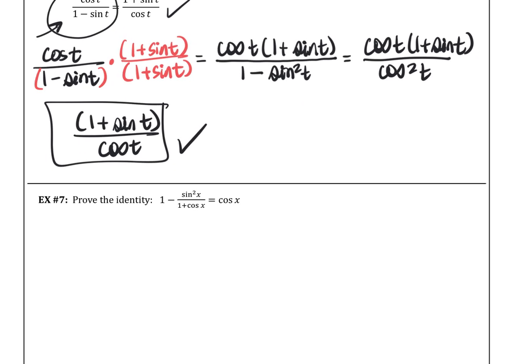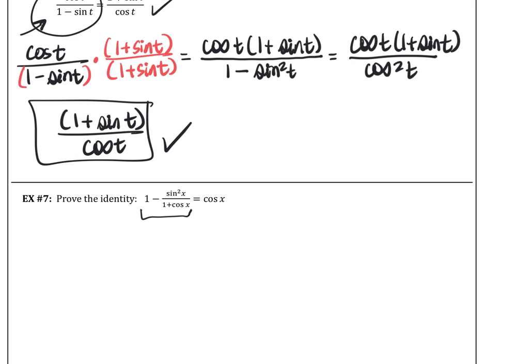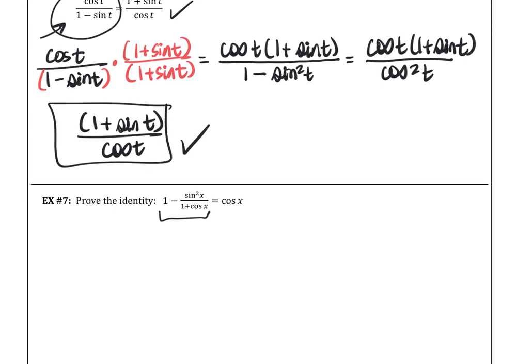All right, so let's look at example 7. I'm thinking this side is more complicated, obviously, right? Let's see, what can we do? I can either add these together by getting a common denominator, which should work, but I'm noticing that this top piece right here is an identity, part of the Pythagorean identities.